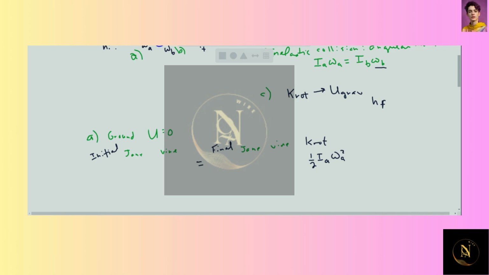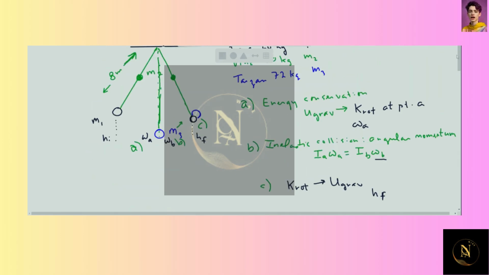But the problem states that Jane starts at a height of 5 meters. And if we look at the vine, it's up a little bit higher. How much higher? I'm going to treat the vine as if it's in the middle of the vine, essentially. So there's a 3 meters left over.